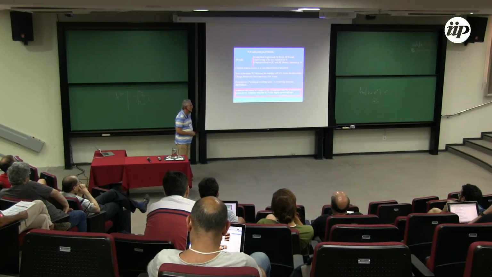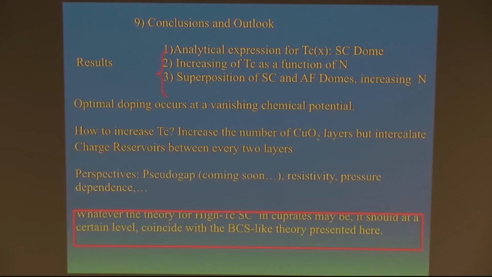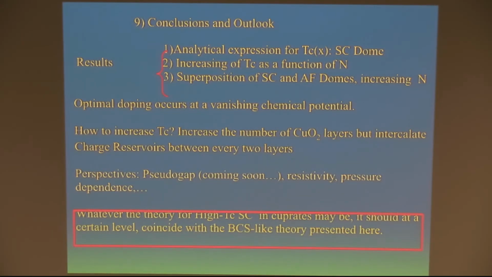Then we have a very simple explanation for the increase of Tc optimal as a function of the number of layers. It's just an enhancement of the effective coupling as we introduce that. And then we have another, again, very simple explanation for the superposition of the superconducting and antiferromagnetic domes as we increase n.